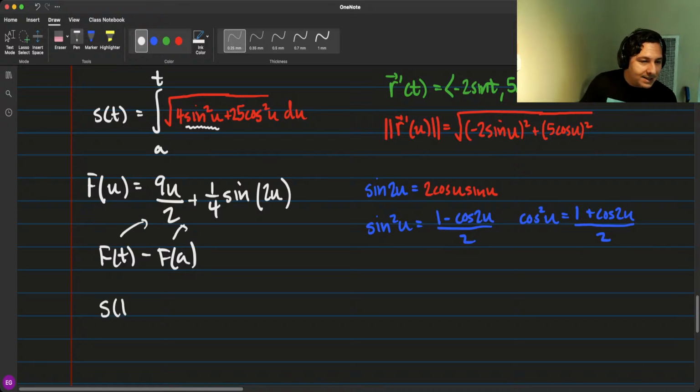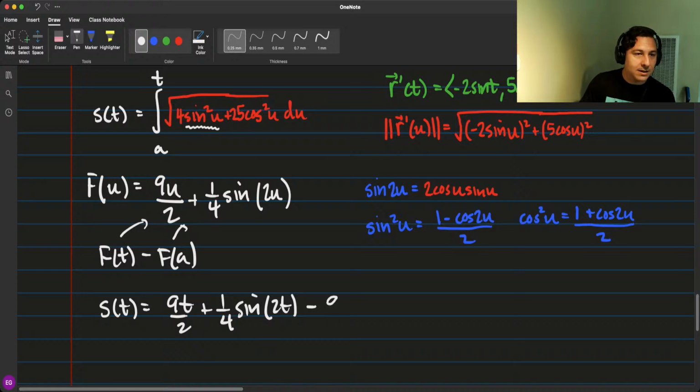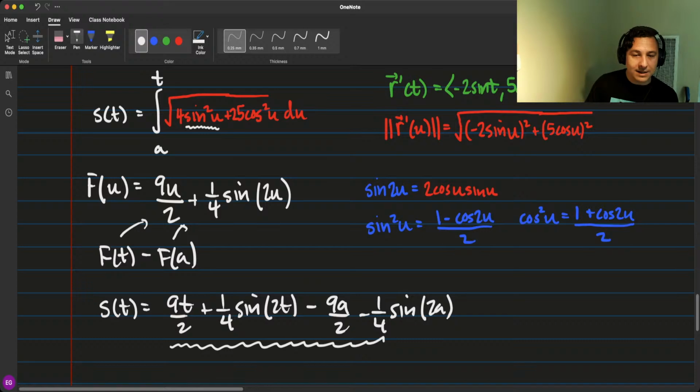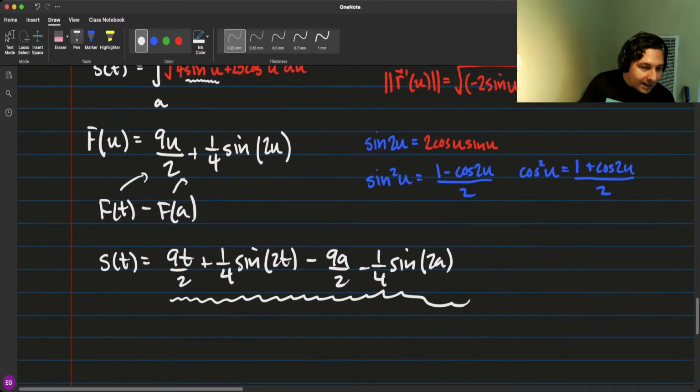You'll get s of t equals 9t over 2 plus 1/4 sine 2t minus 9a over 2 minus 1/4 sine of 2a. Okay, so this formula, what it does is if you were to take that and plug it in to r of t, so you would plug some t into here.